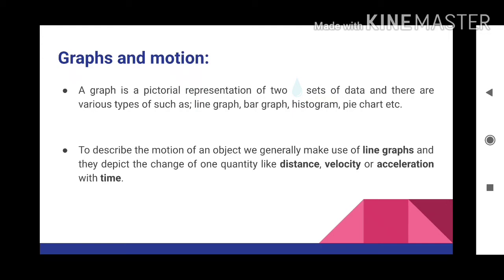So the two quantities which we generally use in motion graphs are distance, velocity or acceleration on one axis and time on another axis. Lastly, time is always plotted on the x-axis. This is an important point you have to take note of, because time is never plotted on the y-axis. Time is always plotted on the x-axis or the abscissa.